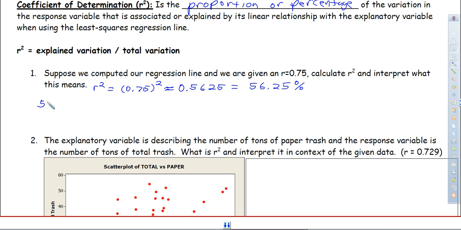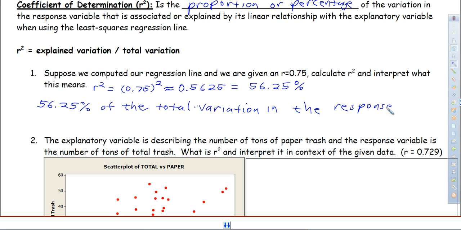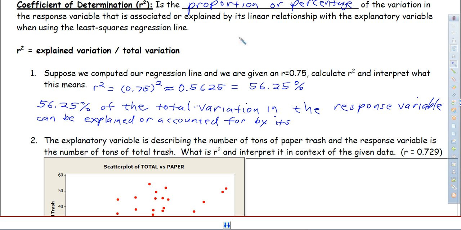Well, this tells us that 56.25% of the total variation in the response variable can be explained or accounted for by its linear relationship with the explanatory variable.